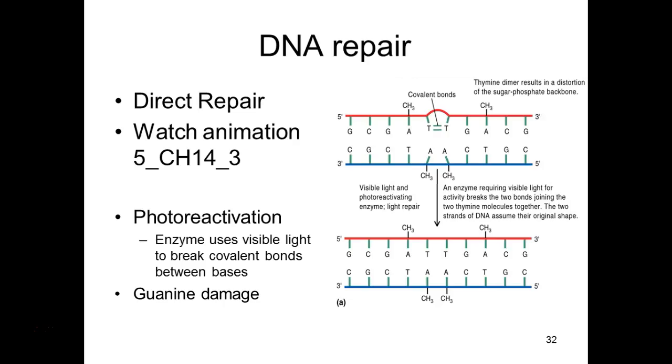The next is direct repair, which is sometimes referred to as light repair or photoreactive repair. The reason for that is, unlike excision repair, we're not going to cut anything out. The enzymes clasp onto this region, and using light energy, they break that bond between the 2 thymines so that they go back to hydrogen bonding with each other.